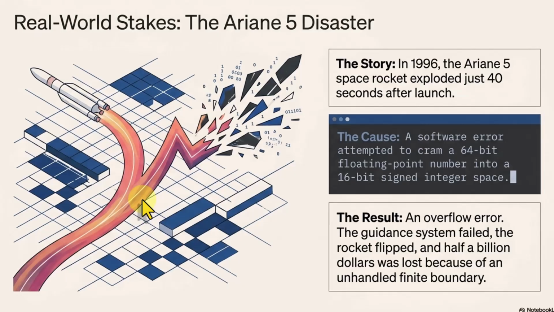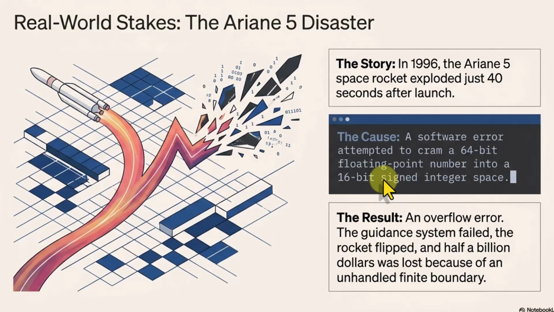For these problems, we can have a lot of real world examples, but one which is very important and very famous is the Ariane 5 disaster. In 1996 the Ariane 5 space rocket exploded just 40 seconds after launch. Why? A software error attempted to cram a 64-bit floating point number into a 16-bit signed integer.